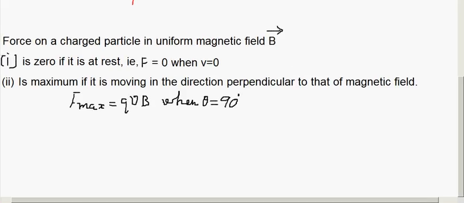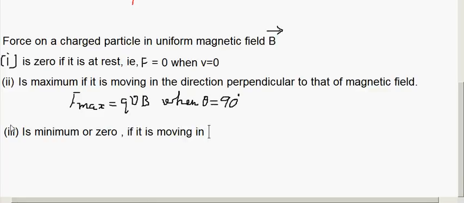Now third case. The force is minimum or 0 if it is moving in the direction parallel or anti-parallel to that of magnetic field.